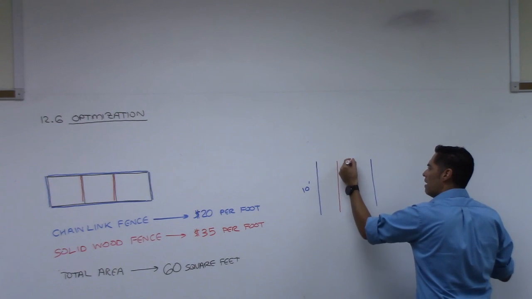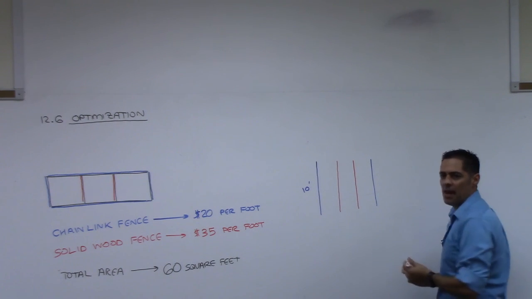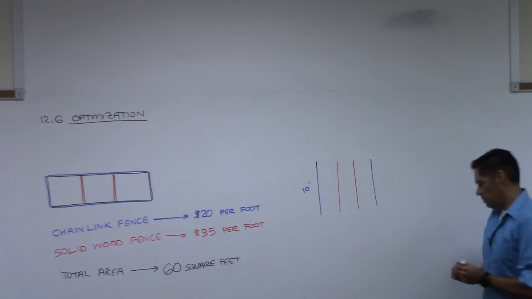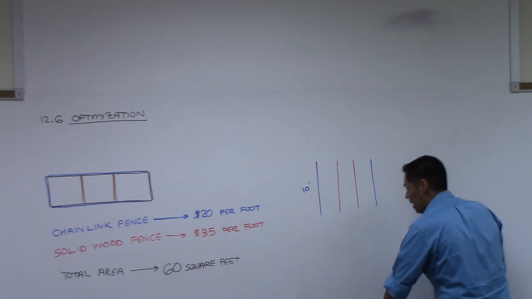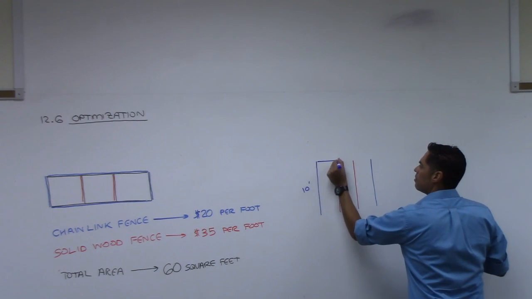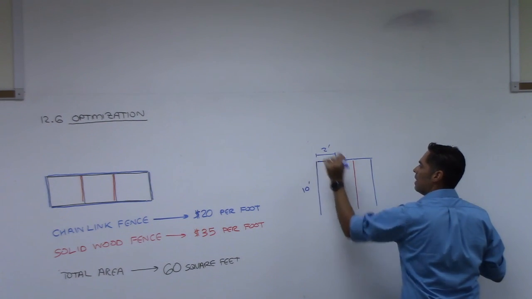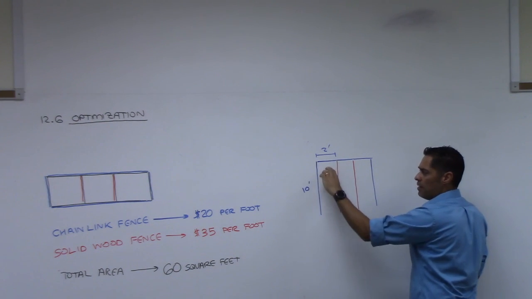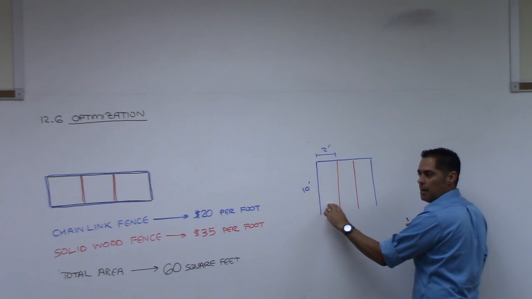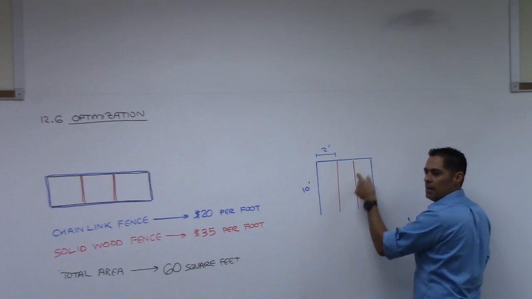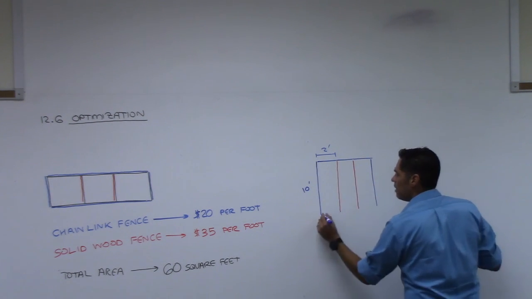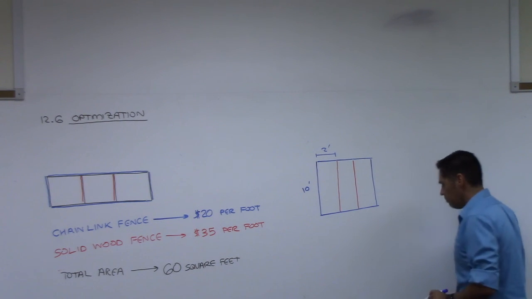And then how wide would each of these pens have to be? 2 feet, right? This would have to be 2, 2, 2, right? So from here to here would have to be 2 feet, because 10 times 2 would give you 20 here, right? And then another, this would be 2 again, 20, yes? Okay, so do y'all agree that this is one way I could build it?